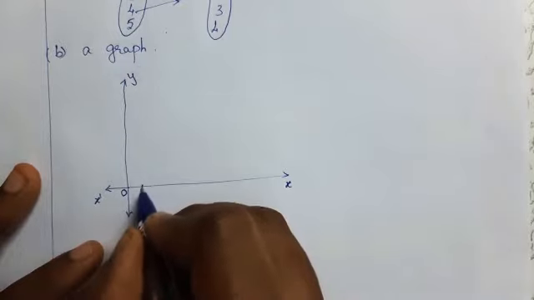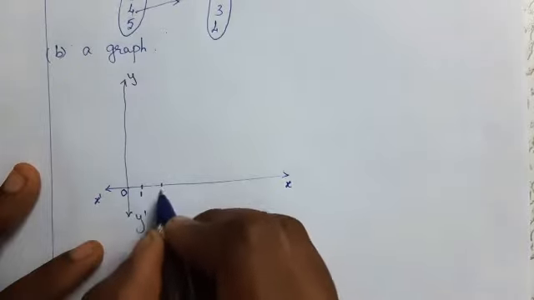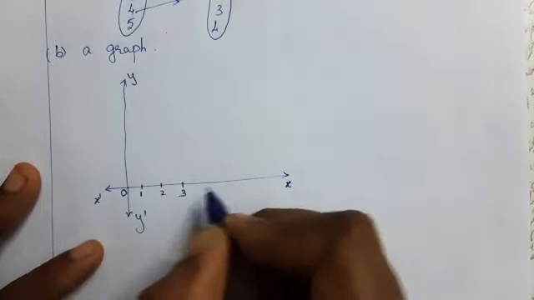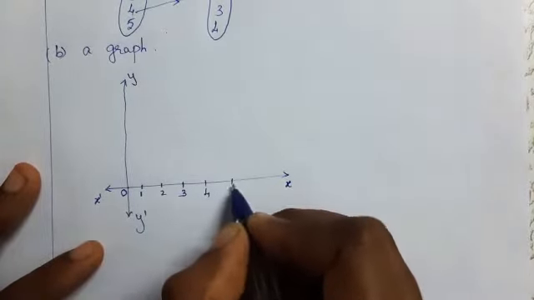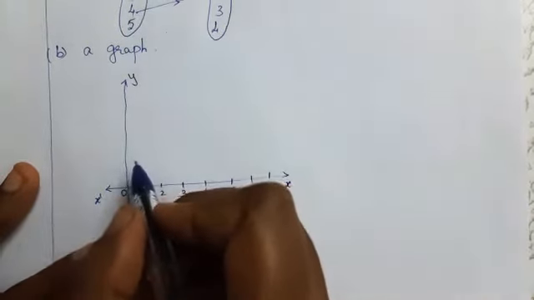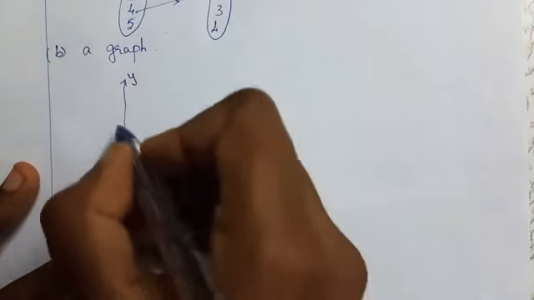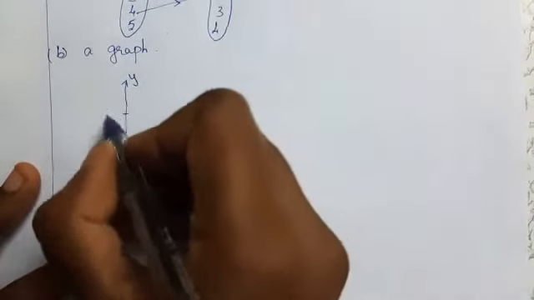Then leave the space between each and every number. Same. 1, 2, 3, 4, 5, 6, 7. Up to 5 enough. 1, 2, 3, 4, 5.